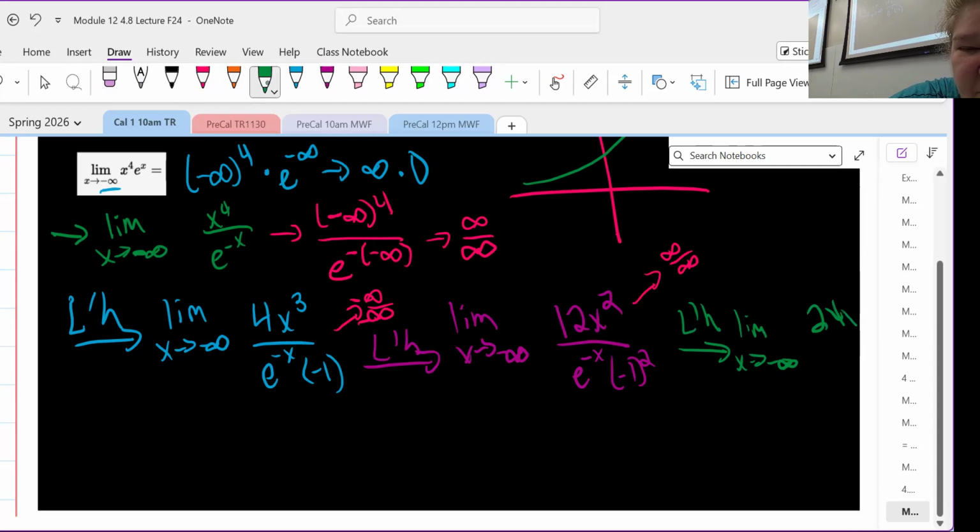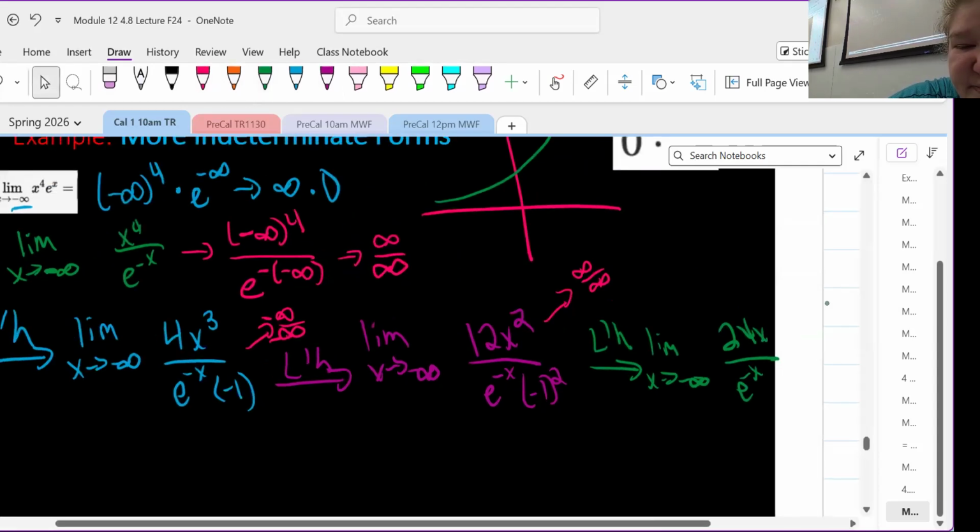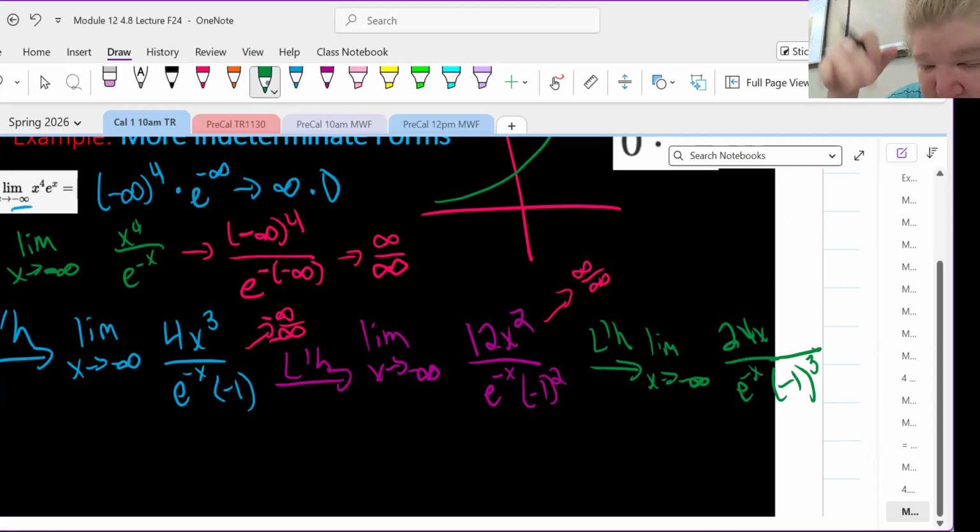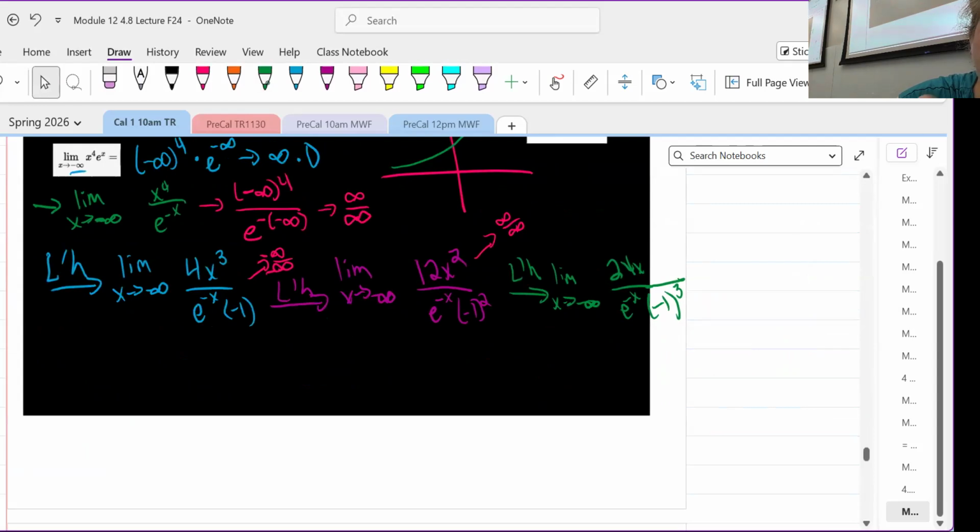So now we'll have 24x over e to the negative x, and then another chain rule, so times another negative 1. We'll get negative infinity on top, negative infinity on the bottom.